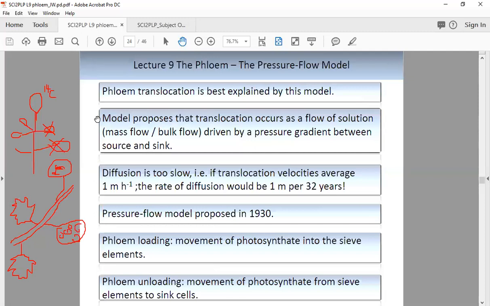All right. The pressure flow model is based on a passive mechanism for phloem transport.